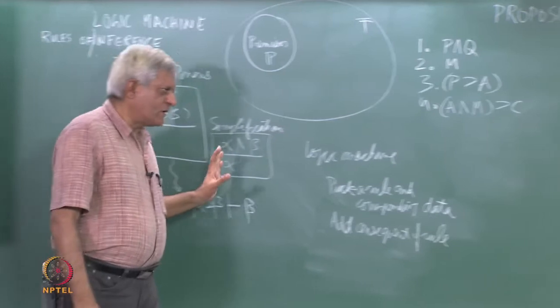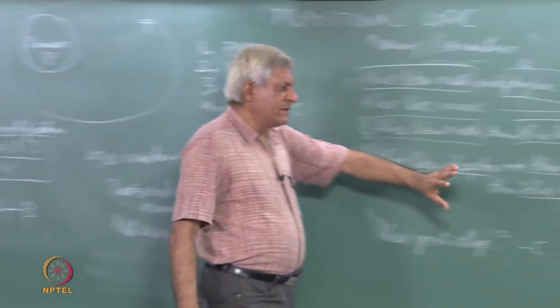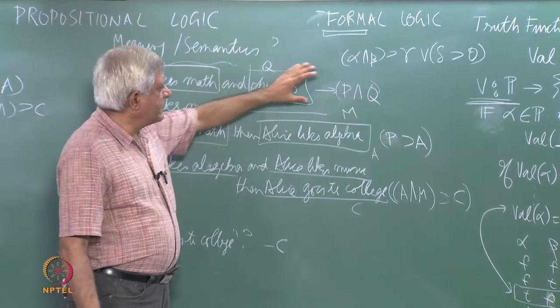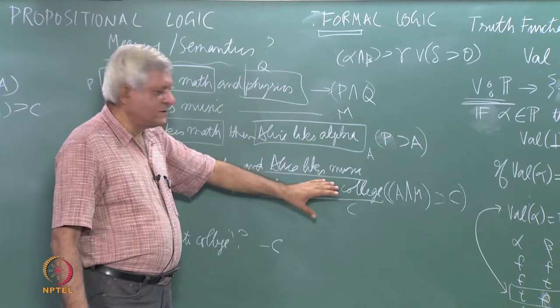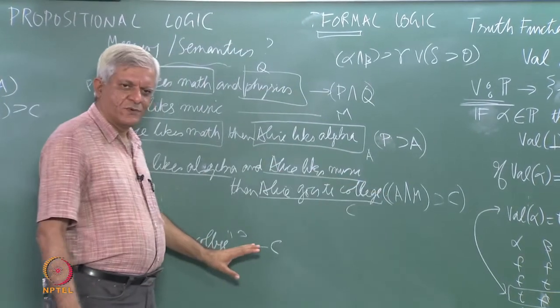Corresponding to this notion of proof is also the notion of truth. Then we are asking, if this is true and this is true and this is true and this is true, then is it necessary that C is true?